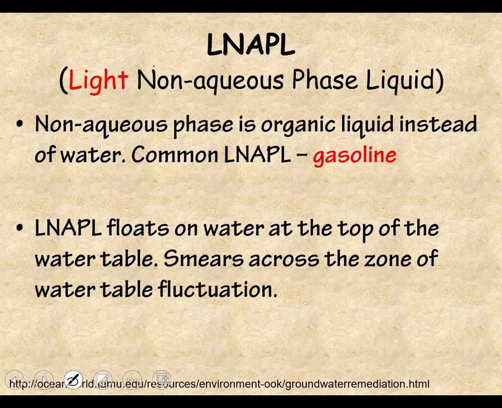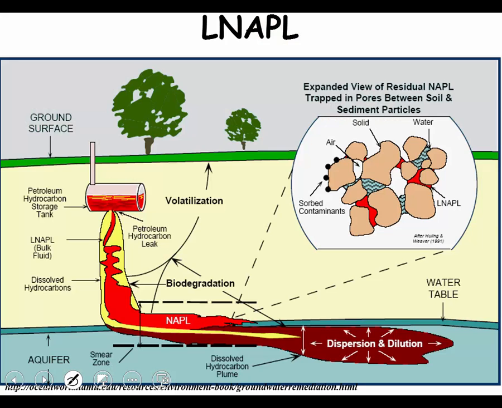So it not only pollutes that little thin strip where the water table is at any one time, but because of fluctuations, it can pollute a significant width or thickness. Okay. So here we have the most typical source, a leaking underground storage tank. It comes down as a fluid.